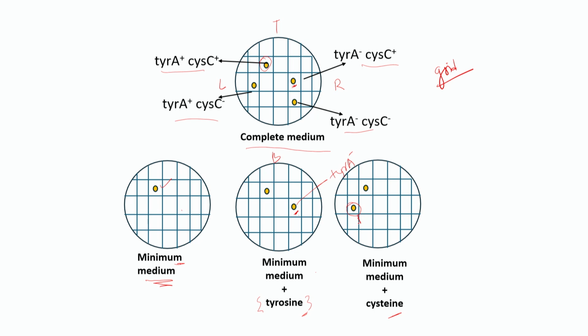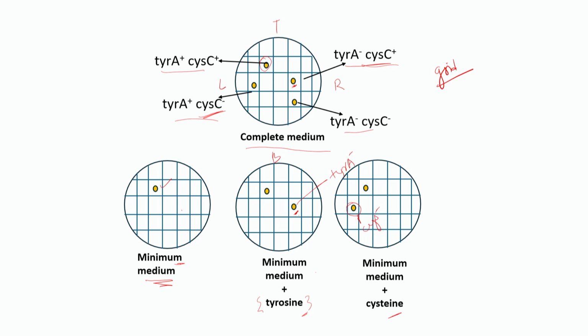For this colony you can say that it was cysteine minus, and that is why when you supplemented cysteine, this bacterial colony started growing on this plate, right. This is a very neat way to identify different mutant types, and they put these two names because they probably knew that these are the two genes in question, and they want to separate the bacteria based on which has what kind of mutation.